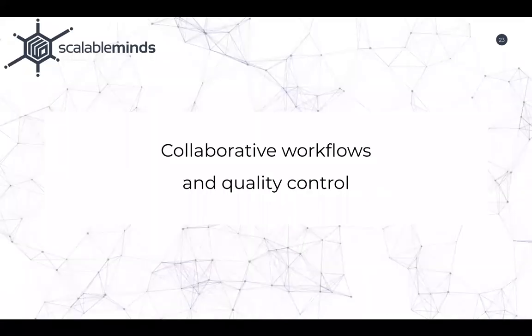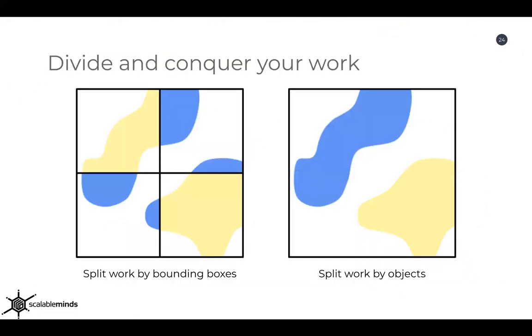If you want to be very fast and have to do dense annotations, then collaboration is a good way of doing that. So the main idea is to divide up your work. And there are two ways that we typically do. On the left-hand side, you can see you just take your data set and split it up by bounding boxes.